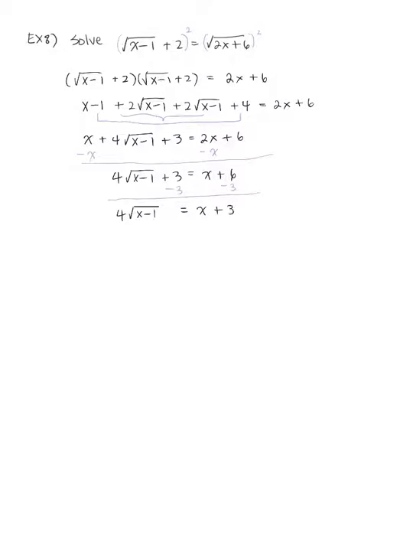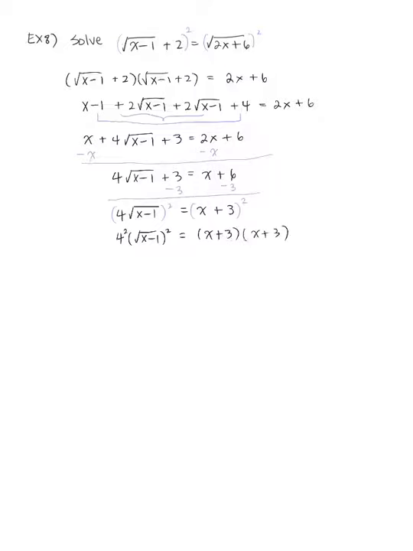Alright, so from here, if I divide both sides by 4, do you see that I'm going to have to deal with two fractions on the right? Namely x over 4 and 3 over 4. So what I'm going to do is from this step, I'm going to square both sides to get rid of that square root. So square the whole quantity please. And then what we're going to get here is 4 squared times the square root of x minus 1 squared equals x plus 3 and then another x plus 3.